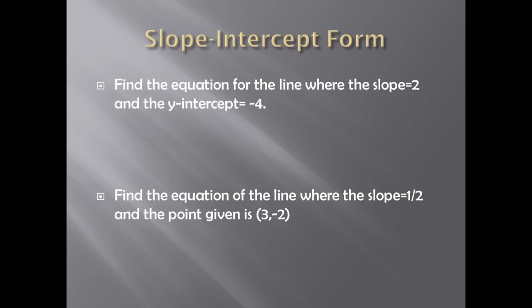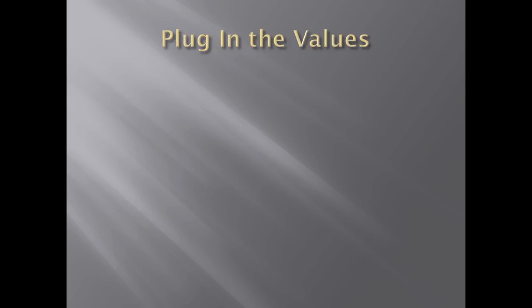In the slope-intercept form, we had to find the equation for the line where the slope was equal to 2 and the y-intercept was equal to negative 4. And we also found the equation of the line where the slope is equal to 1/2 and the point given is (3, -2). So we're going to plug in our values. Obviously, we already did this, but we're going to check it again with the answer as well as the other side, and we're going to solve. So 2 times 0 minus 4 should give you negative 4.